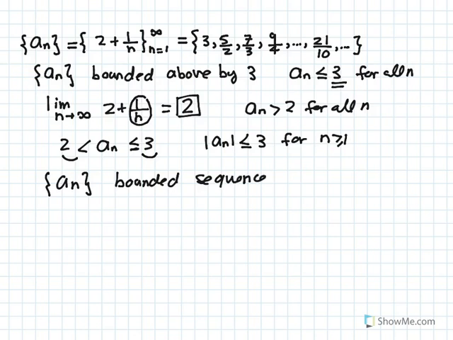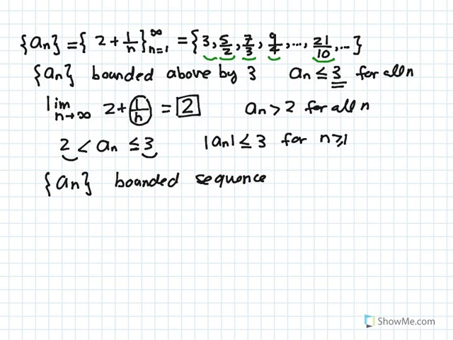Now let's show that it's monotonically decreasing. Well, intuitively we can see that the terms of this sequence are decreasing. We have 3 here and 2.5, 7 over 3, 9 over 4. The 10th term is 21 over 10, which is 2.1. Clearly it's decreasing. But oftentimes in math we have to prove something is decreasing. We can't just say it's decreasing.